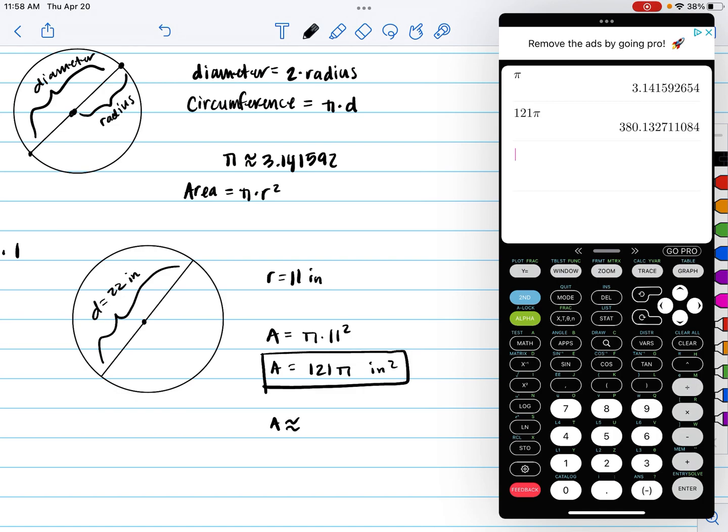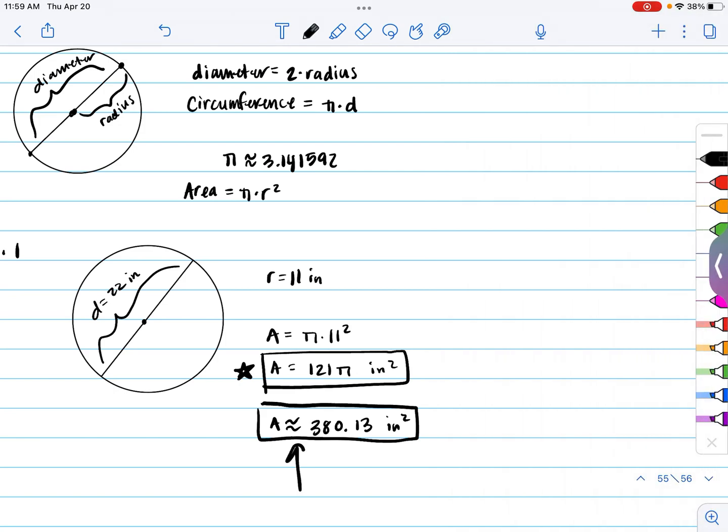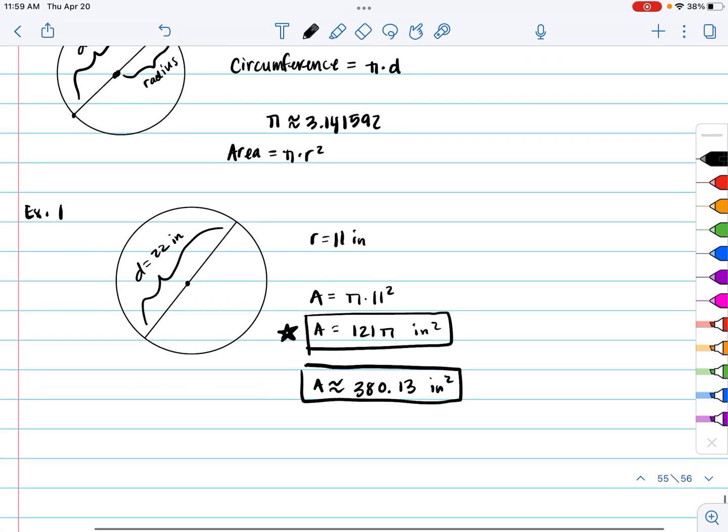The fact that we are rounding means that this should be an approximation, because anytime you round, it is not the exact value anymore. Let's say I want to round to the hundredths place. So, depending on the problem, more often than not the exact answer is the best answer. But if I ask for the decimal version of it, it's okay to write it as a decimal. Just make sure you use that approximation symbol.